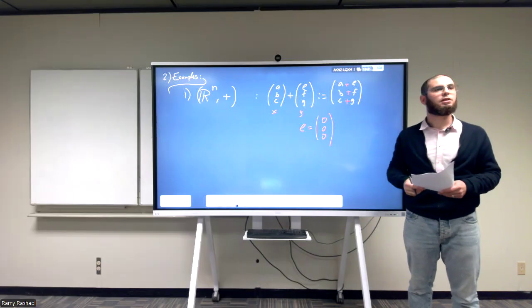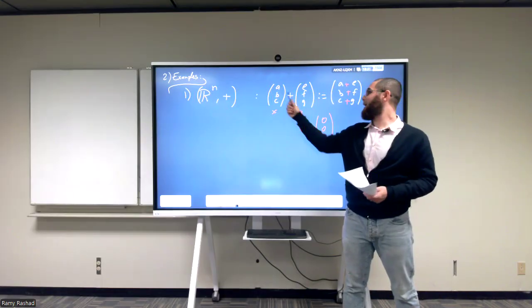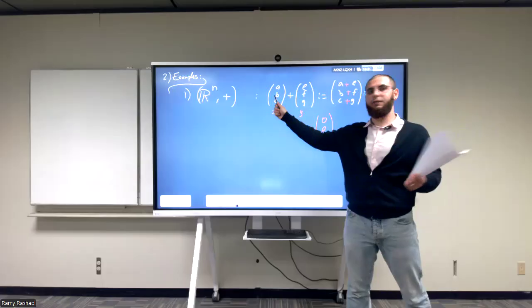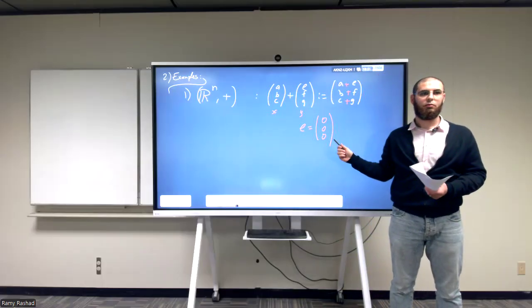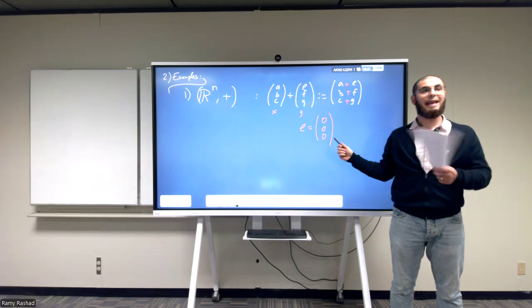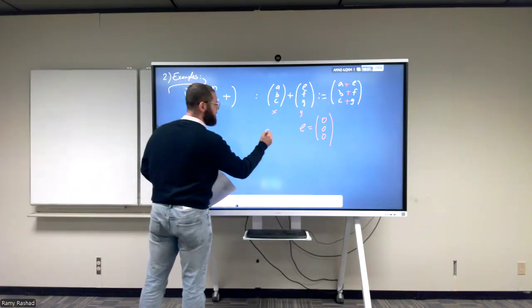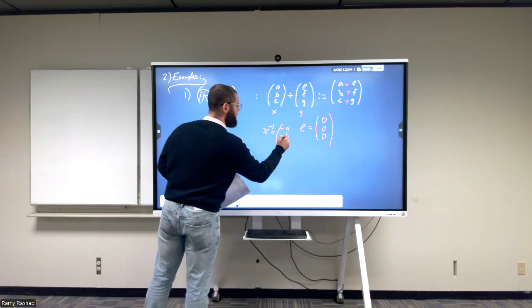What about the inverse? Is there an inverse for every element such that when I add this one to the inverse, I always get zeros, which is the identity? What is it? The negative of the same. So, for example, if X is (A, B, C), then X inverse would be (minus A, minus B, minus C).